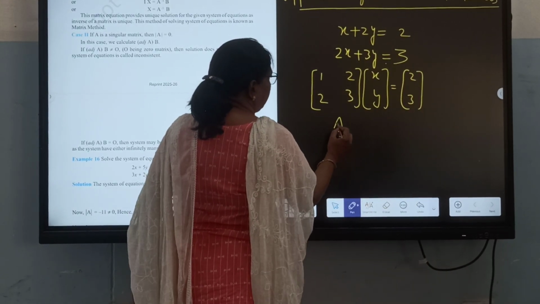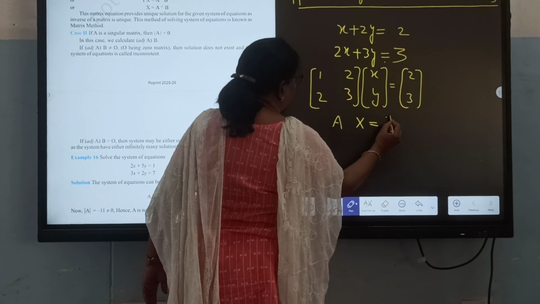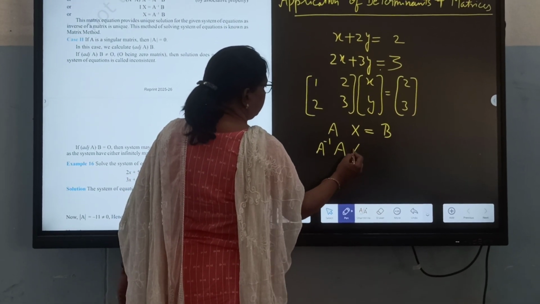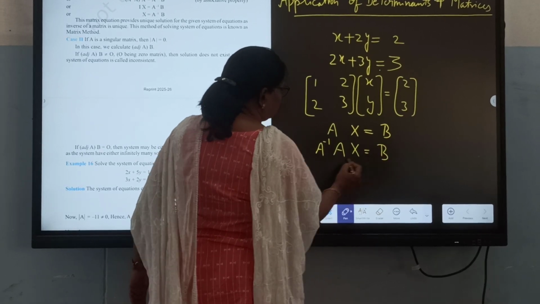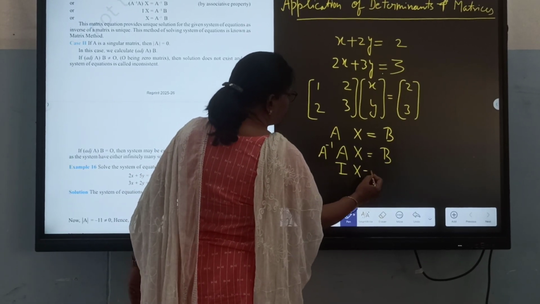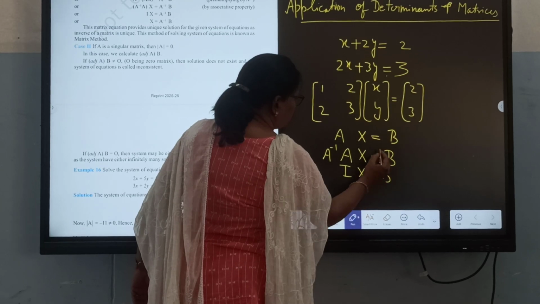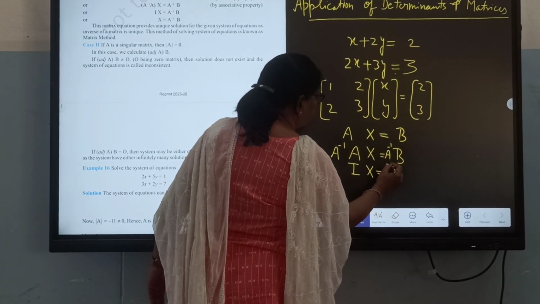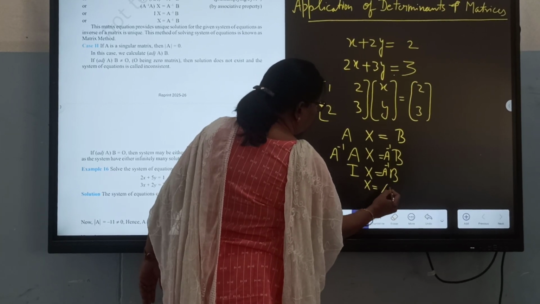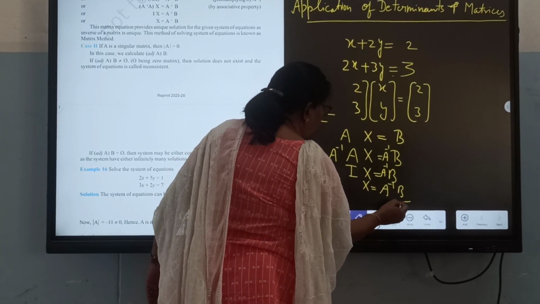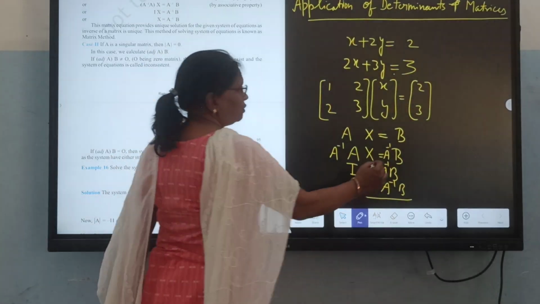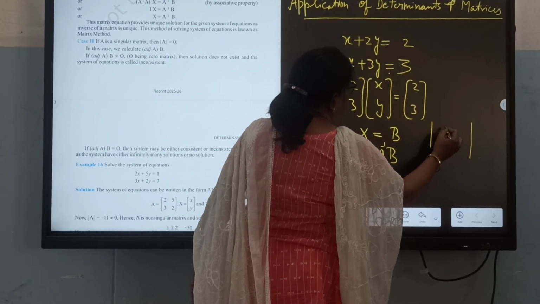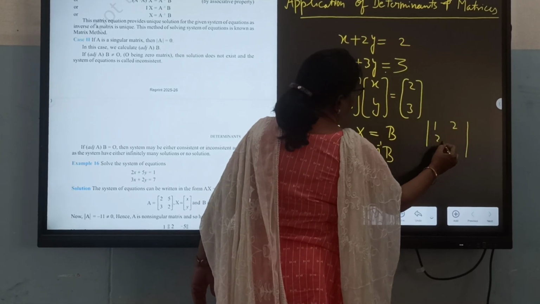That means AX is equal to B, and if you multiply by A inverse, A inverse AX is equal to A inverse B. Here it is IX is equal to A inverse B, so X is equal to A inverse B. This is the way to get the solution, and if you want to check the consistency, then find the determinant of A, that is 1, 2, 2, 3.